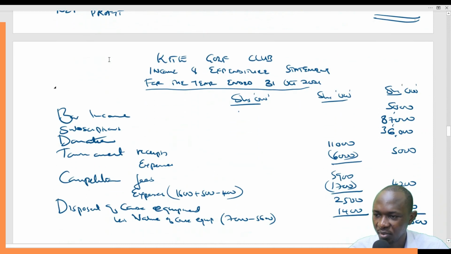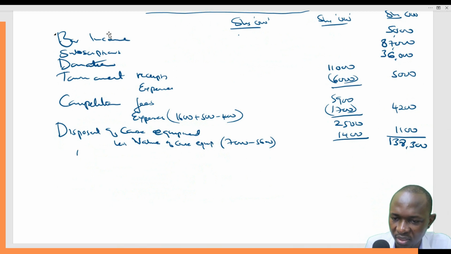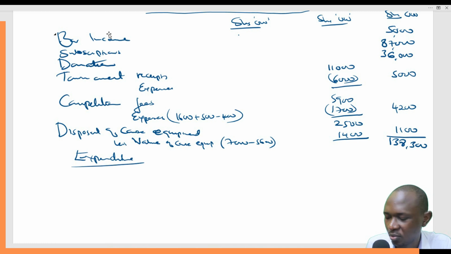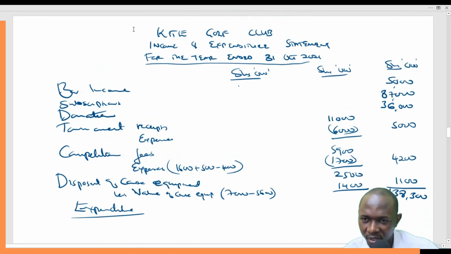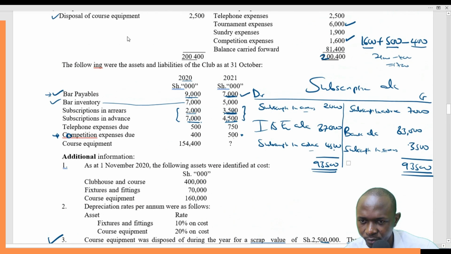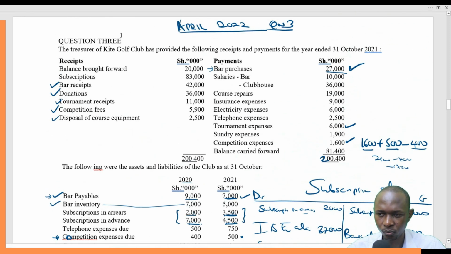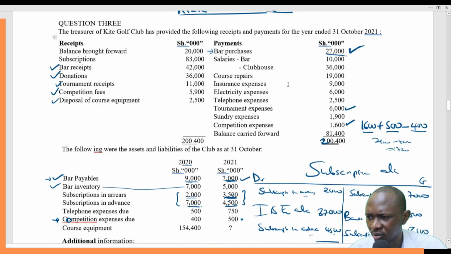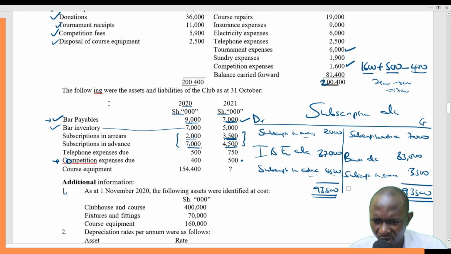With 138,300, we now go to the expenses side. These are the incomes. Now we go to the expenses. It's called the income and expenditure account. So let's go to the expenditures. We've captured quite a number of expenditures. Buyer purchases we've captured, salary bar we've captured, salaries for clubhouse, that's 6,000.